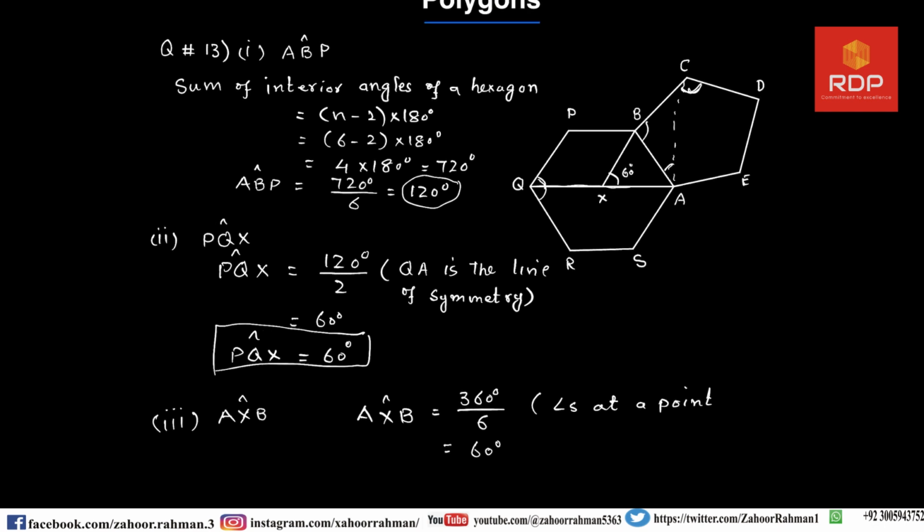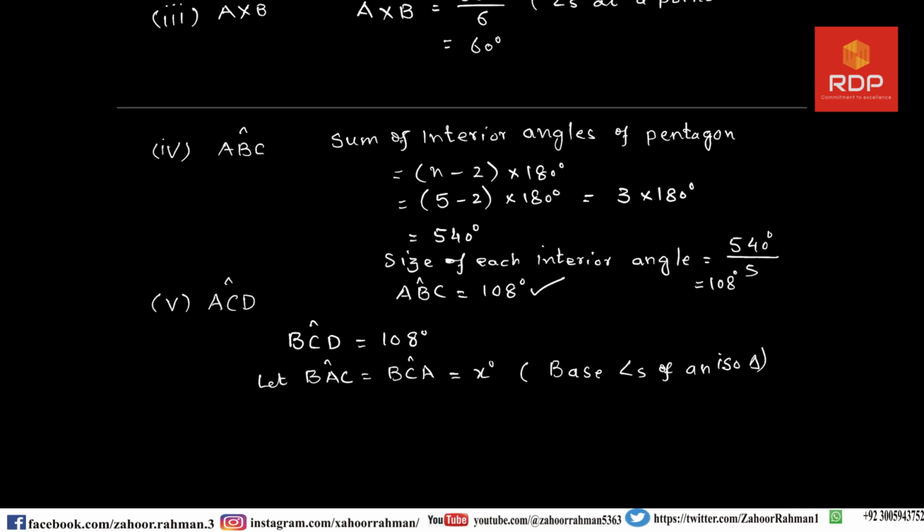BAC, which is this one, and BCA, which is this one, because this side is equal to this side, it becomes an isosceles triangle, and the base angles of an isosceles triangle are always equal. So we are going to write it as x.